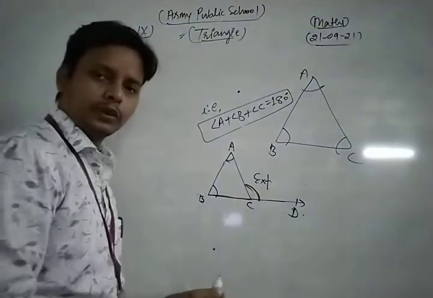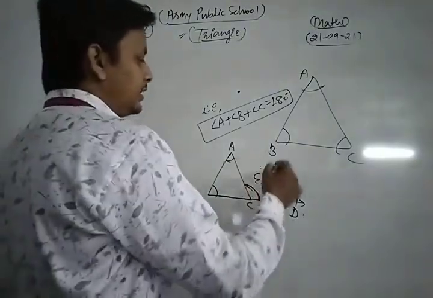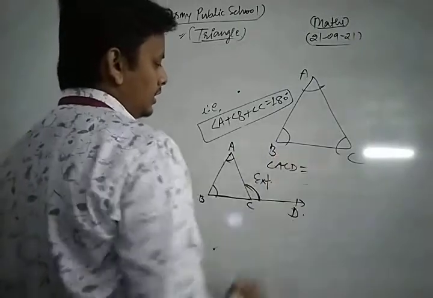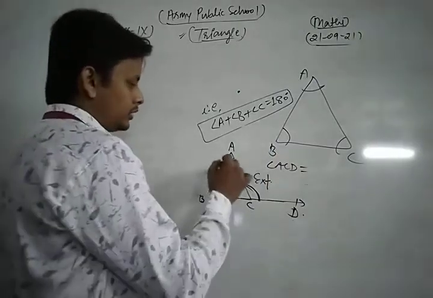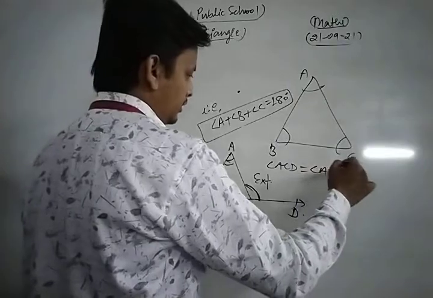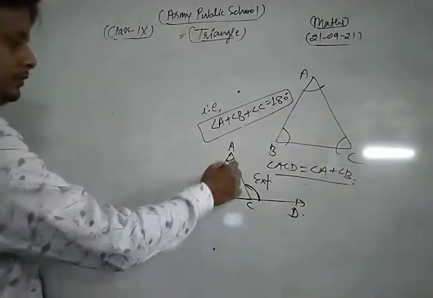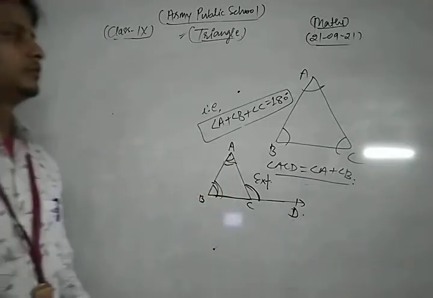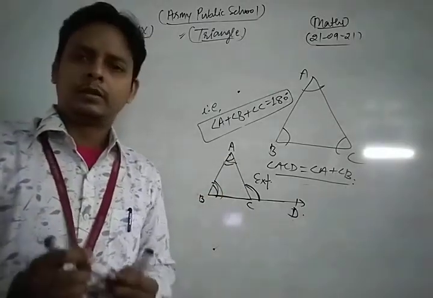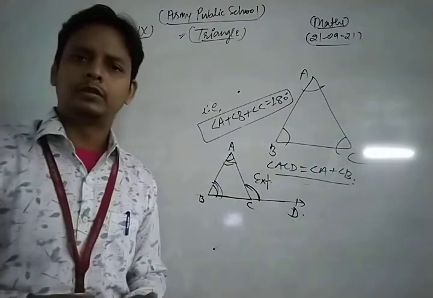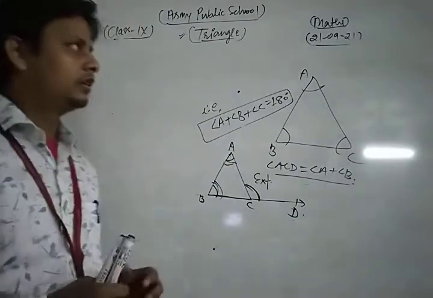This is a very important property related to triangles. That is, angle ACD is equal to the sum of its two opposite interior angles, which means angle A plus angle B.